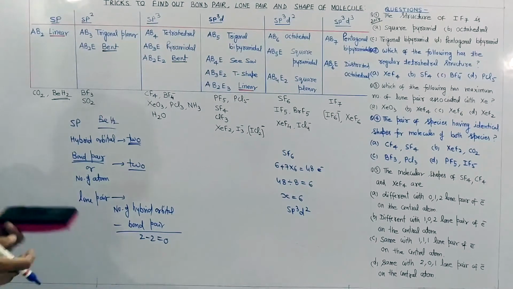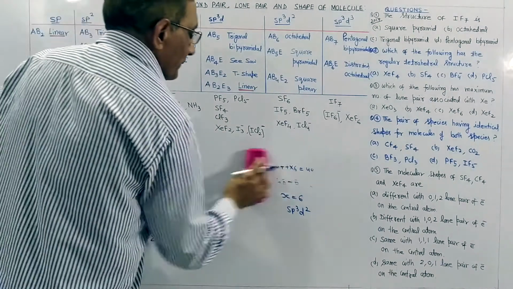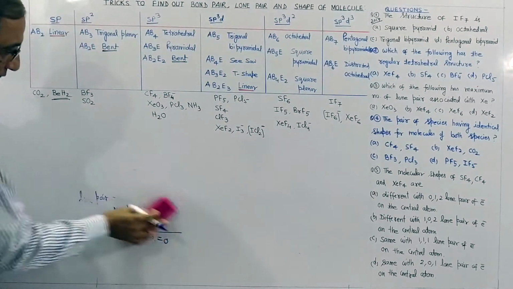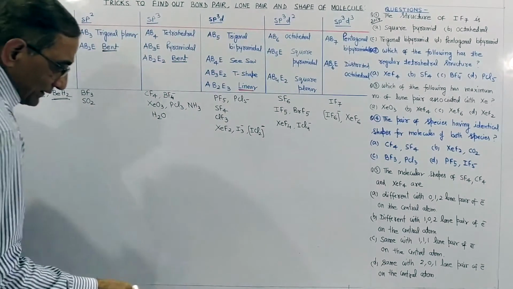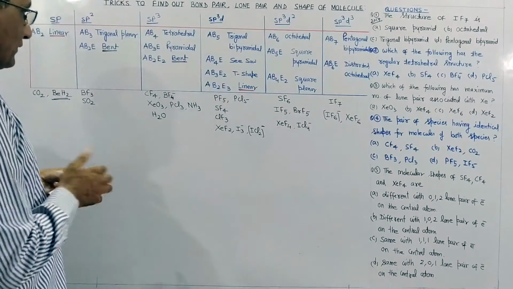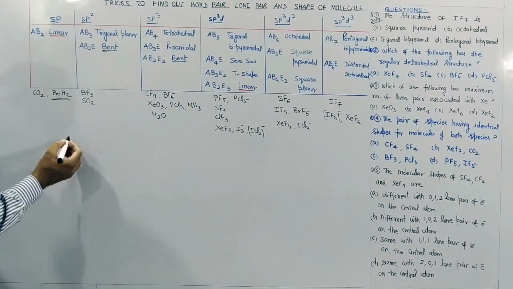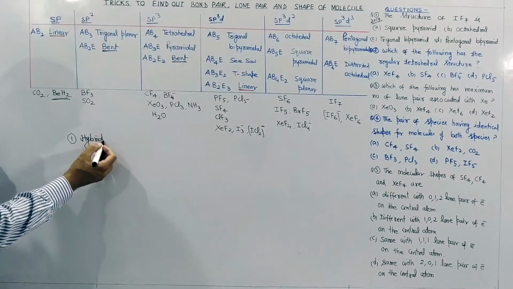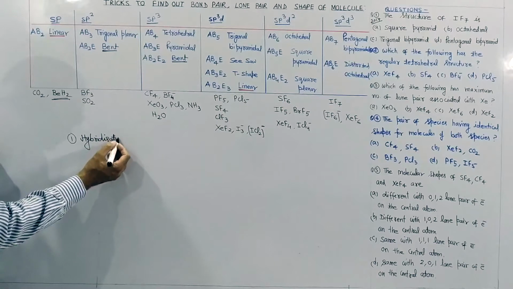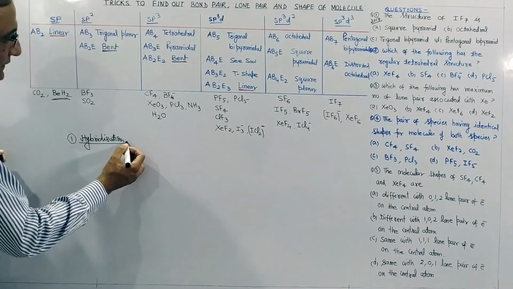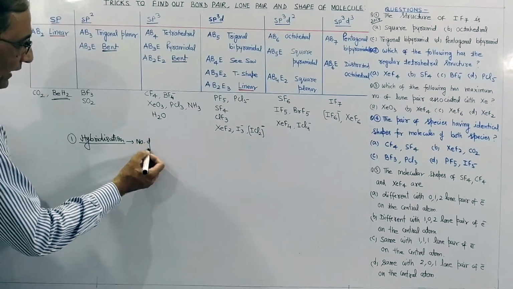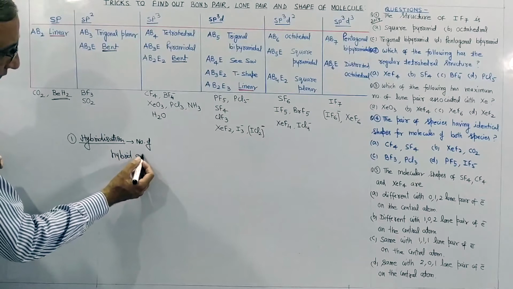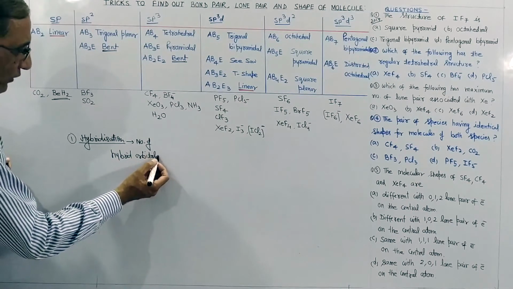Again, I will take one more example here. What do we have to consider, students? First of all, you have to find out the hybridization with the trick, which I explained in the previous video also. Hybridization gives us the number of hybrid orbitals.